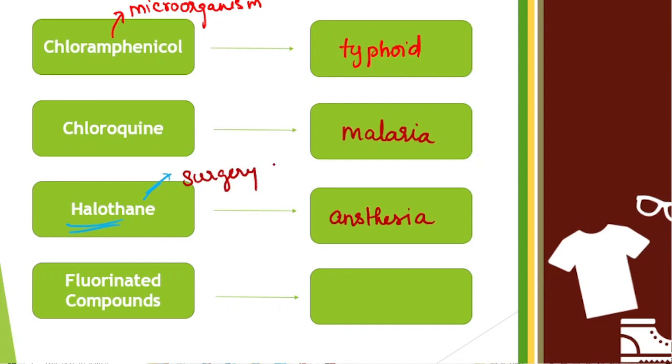Next you have the fluorinated compounds. Fluorinated compounds are used as blood substitutes. Clear, everybody? So these are the applications of halogens in our day-to-day life. Clear?